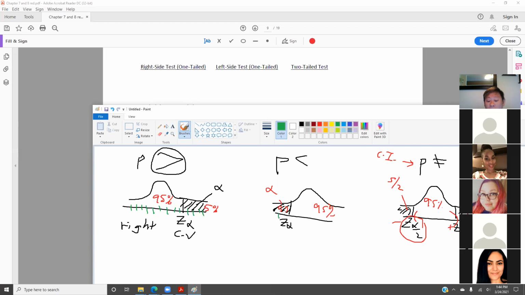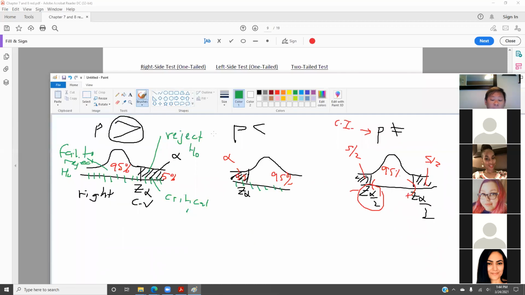So if this Z value that you find is inside this critical region, then you are in the rejection. You're going to reject your H0. But if your Z value is inside the not rejection area, then you fail to reject H0. So this is what we call test statistic.